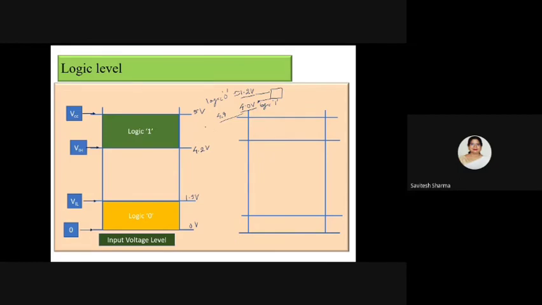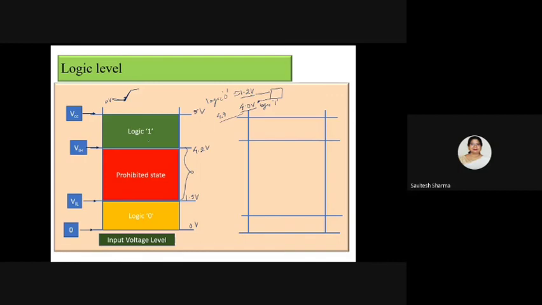And what about this range? This is actually a forbidden range. You will find this range whenever your signal transits from one state to another. If your signal is transiting from 0 volt to some voltage, this is the intermediate voltage level, which you will see at the time of transition.